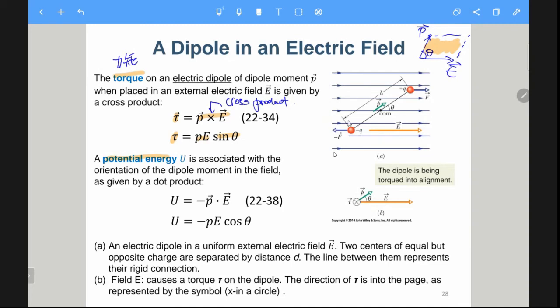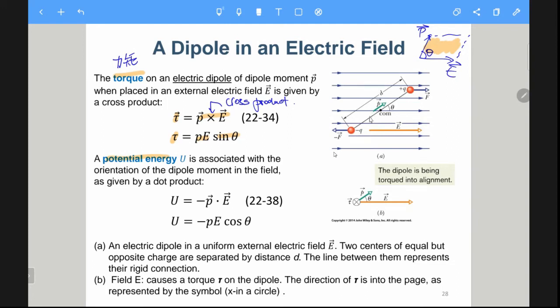Okay, so now we assume that we have an E field here, and now we have a dipole. We have positive Q and negative Q, because the definition of the dipole is that it has the same amount of charge with different polarity, positive charge and negative charge, kept at a small distance d.